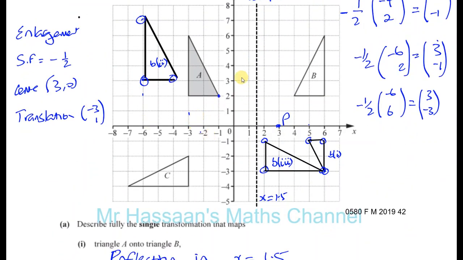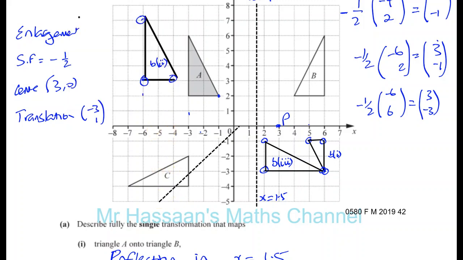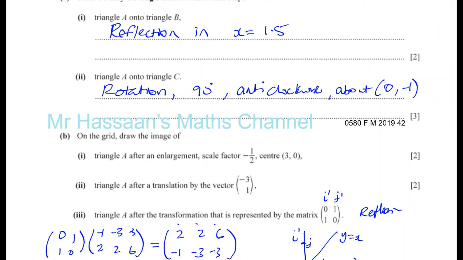If I was to draw the line y equals x, it would cut through minus 4, minus 4, minus 5, minus 5, 0, 0, 1, 1, 2, 2, 7, 7. All the numbers are the same in both x and y, and you can see it's a reflection in that line. So you could reflect in that line if you wanted to, or you can use the matrices to multiply to find the image.